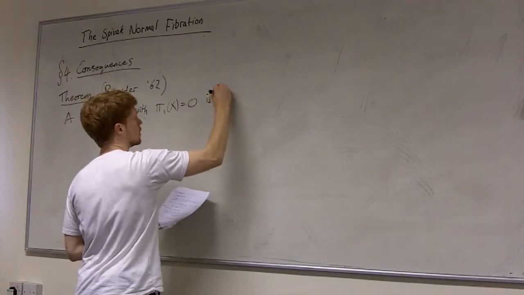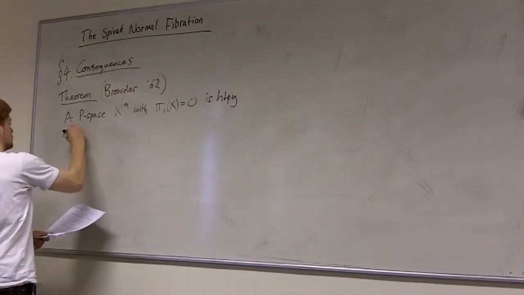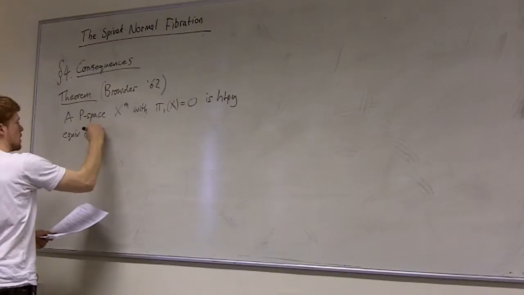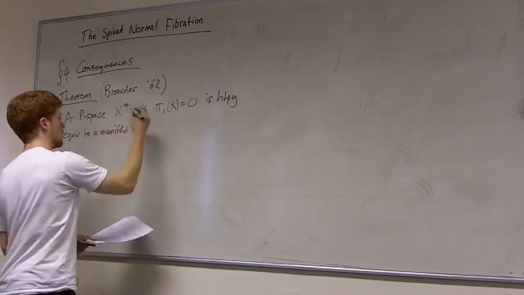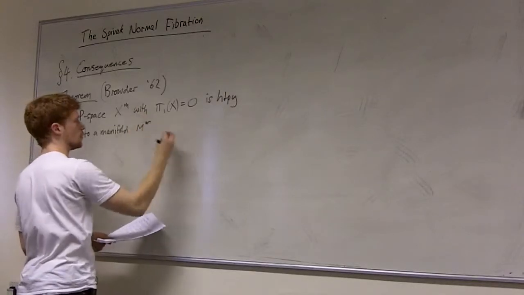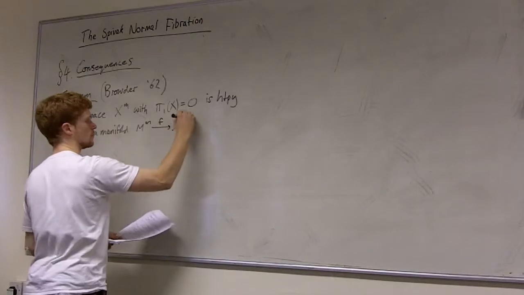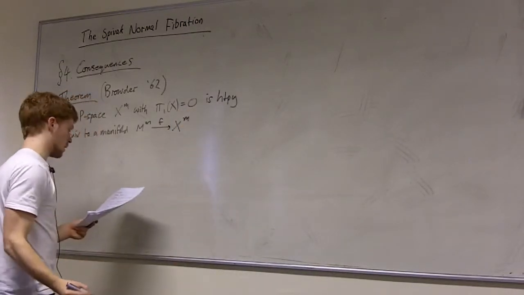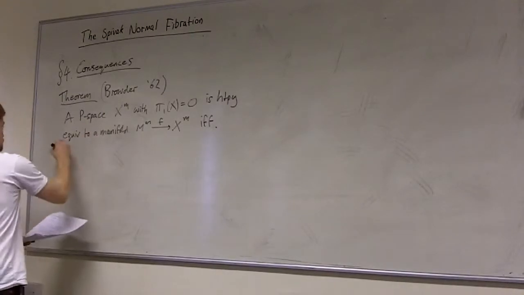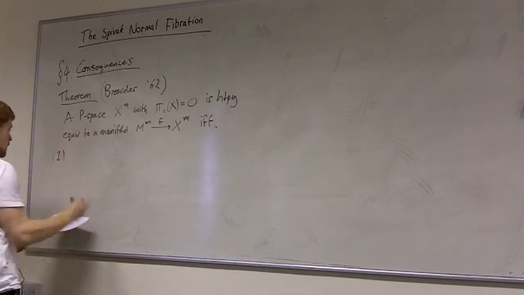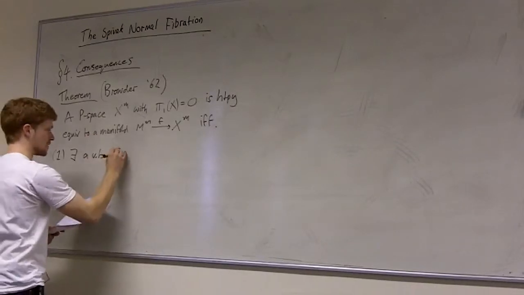is homotopy equivalent to a manifold, say M, where I guess this is the homotopy equivalence, if and only if there exists a vector bundle, so by now this should look quite familiar.